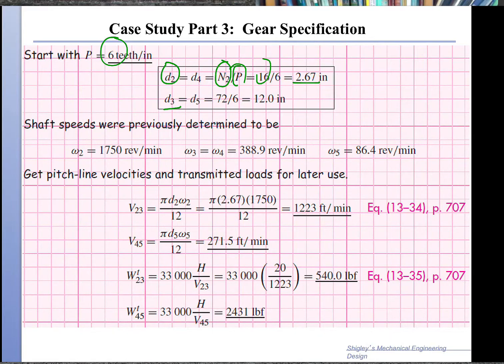Similarly, we can figure out the diameters of gear 3 and gear 5, then that will be 12 inch. So we have 2 gears very small, 2.67 inch, and 2 gears very large at 12 inches in diameter.